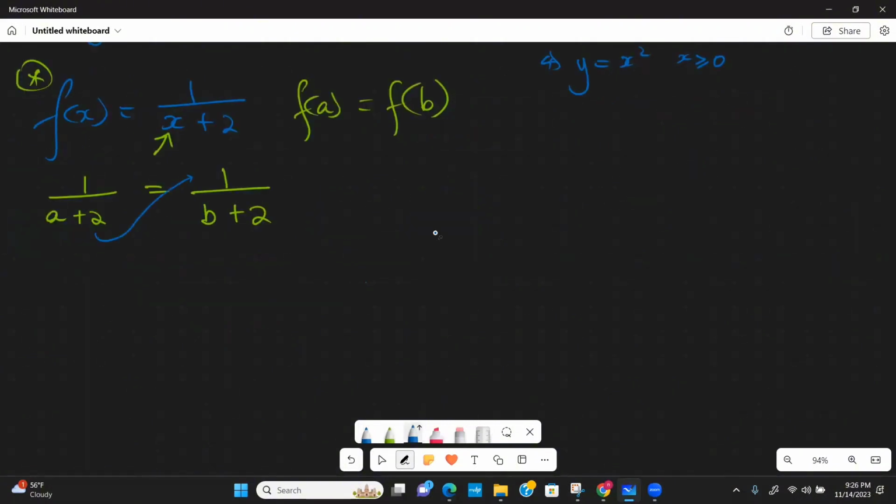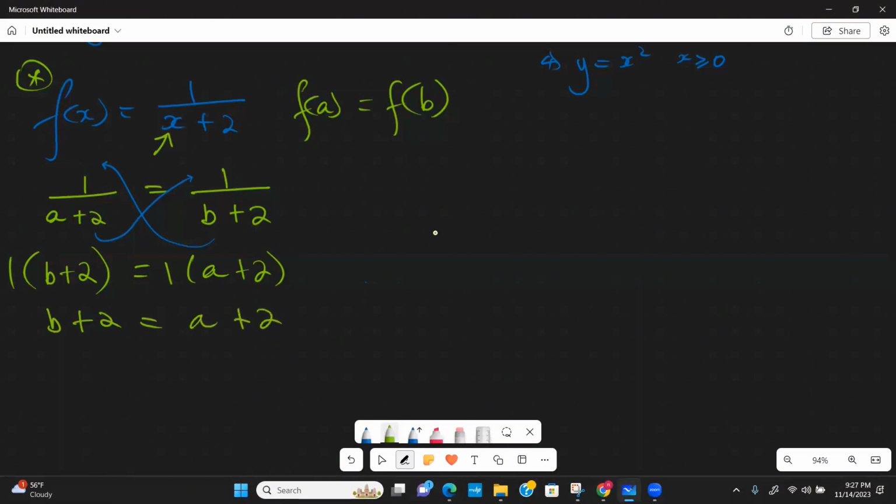So 1 times b plus 2 will be b plus 2 on the left, and 1 times a plus 2 on the right. 1 times anything remains the same, so I'll have b plus 2, which is equal to a plus 2.